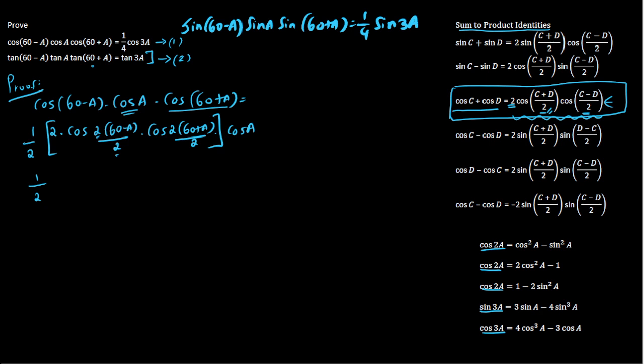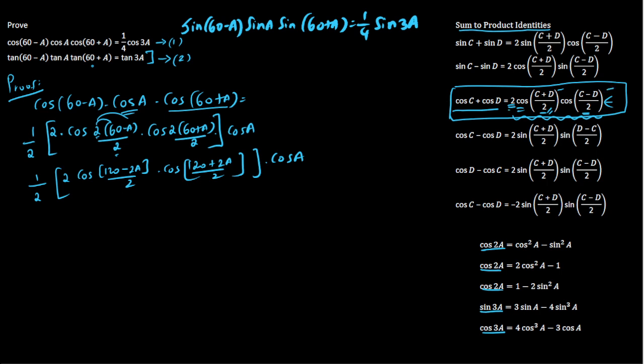Let's simplify it a little bit before we actually write cos C plus cos D. The 2 is getting distributed, so 120 minus 2A divided by 2, cos of 120 plus 2A divided by 2, multiplied by cos A. This looks exactly like cos of (C plus D) by 2, cos of (C minus D) by 2 multiplied by 2.